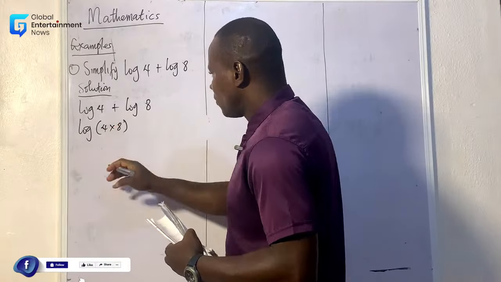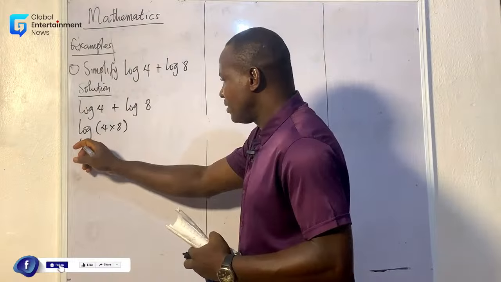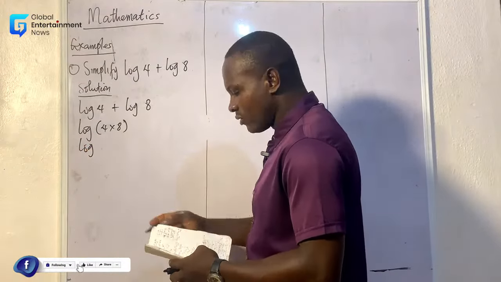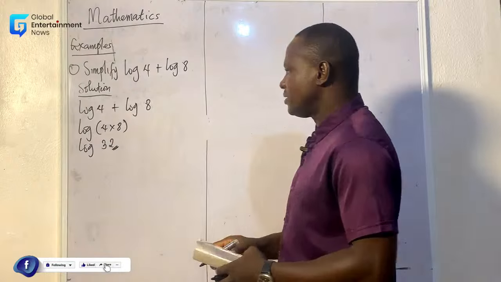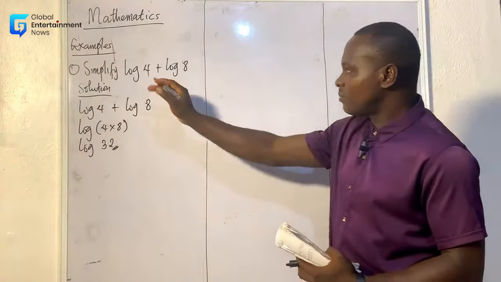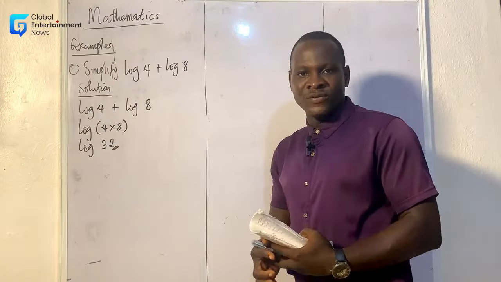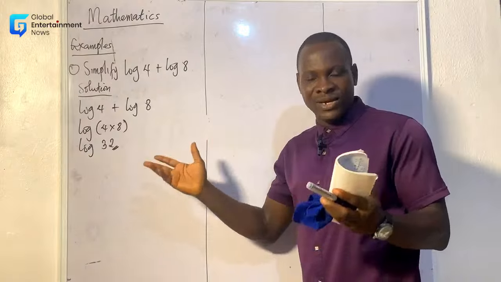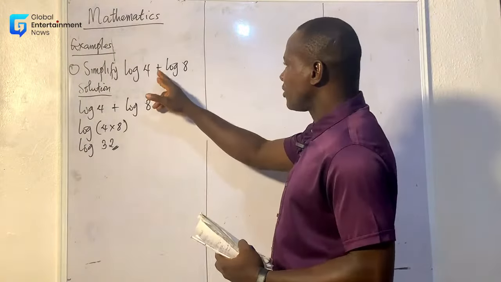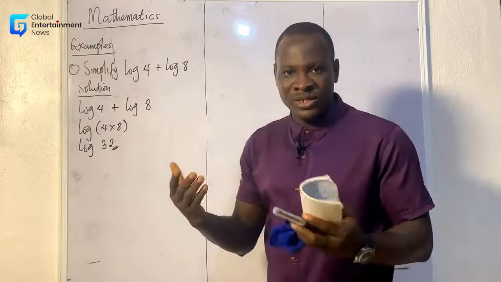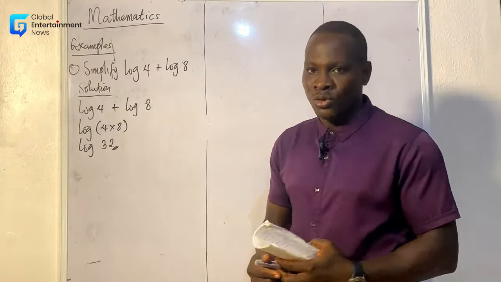And when we say log bracket 4 times 8, this will give us log 32, which is the answer to this particular question 1. So if you are given something like this, definitely you should know that what you are going to do is multiply the 2 log terms.